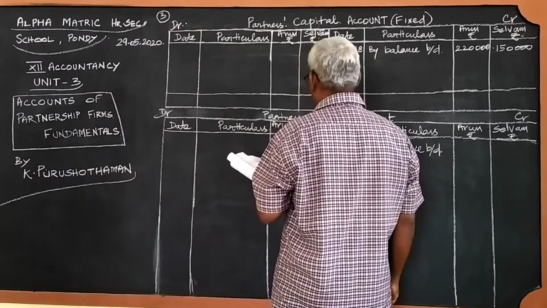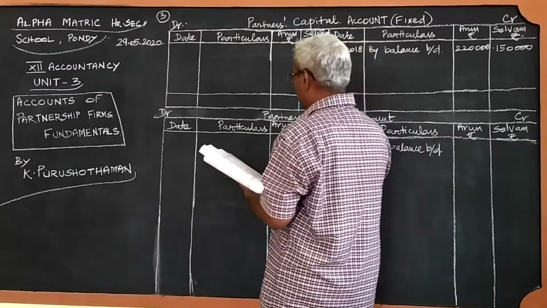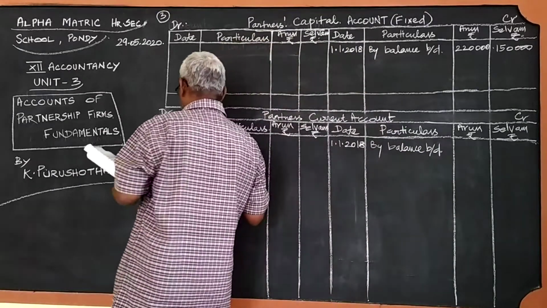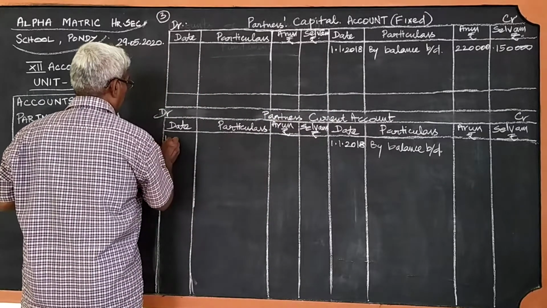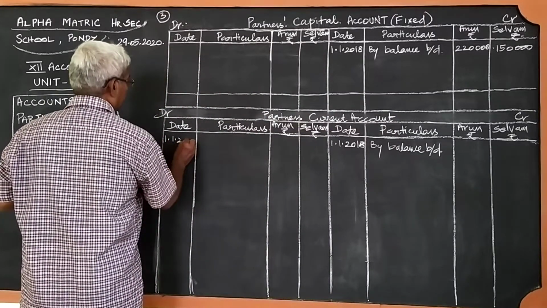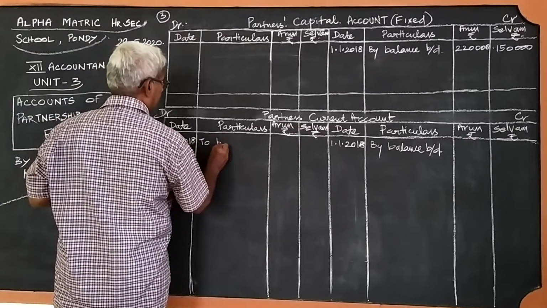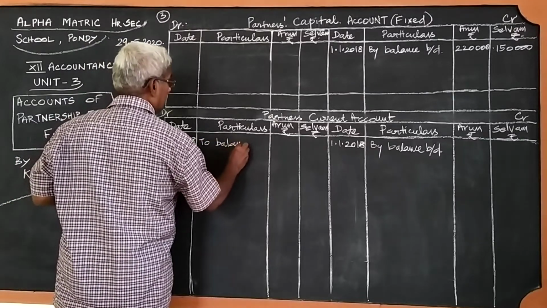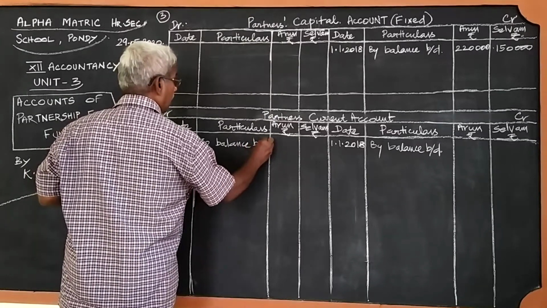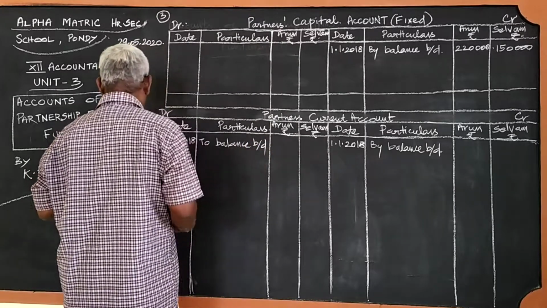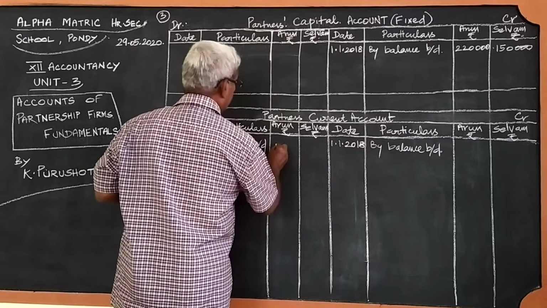1/1/2018. For Arun it is the debit balance. So on the debit side, 1/1/2018 to balance brought down. For Arun debit balance 4,250.